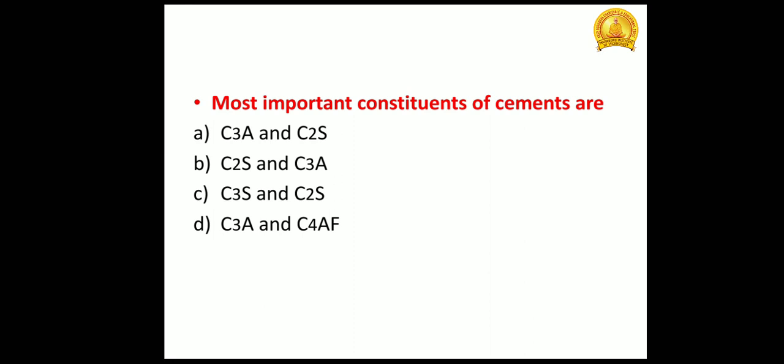Option C will be the answer because these two are responsible for the strength that I have discussed in the Bogue's compound session. C3S and C2S together constitute around 60 to 70% of the strength, that too early as well as the later strength. So answer is option C.